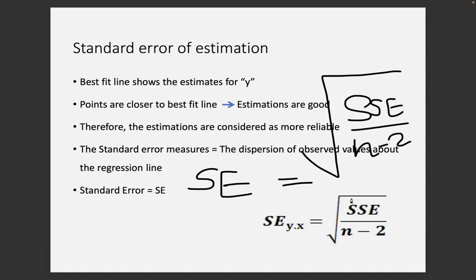And SSR means sum of squared regressions. That is how the three terms are formed. So the SSE divided by n minus 2, and then we take the square root of the whole thing. That's how it is. Okay, that is the standard error.